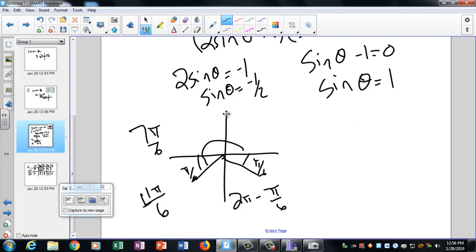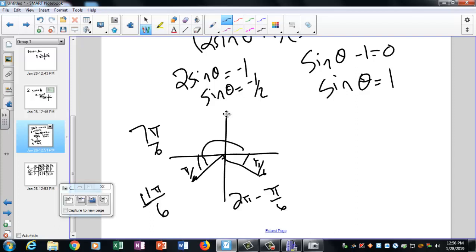It doesn't take me long to add 2 pi and subtract 2 pi. Students go, wait, where did you get 7 pi over 6 from? It's pi plus pi over 6. So it's 6 pi over 6 plus pi over 6, which is 7 pi over 6. The more you do it, the better you get at that, because you'll notice a pattern between which ones we use all the time.